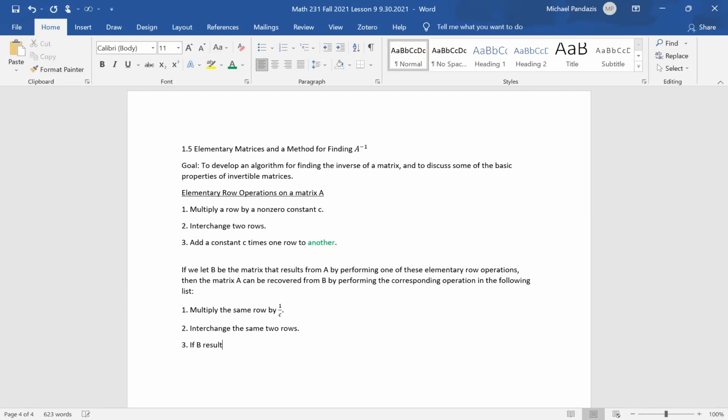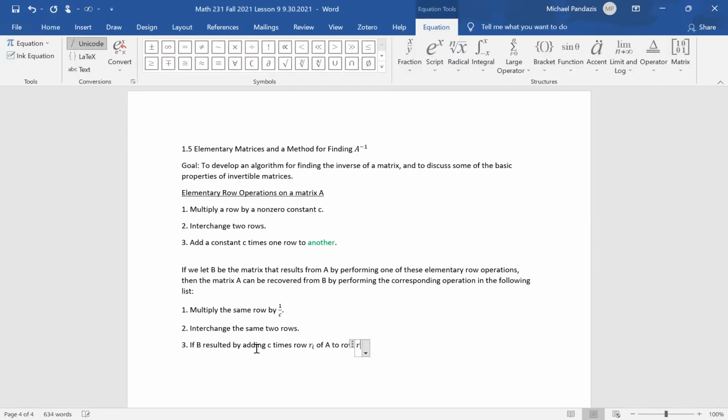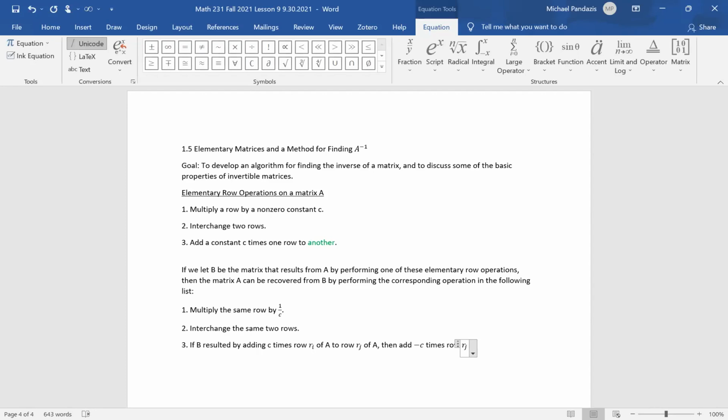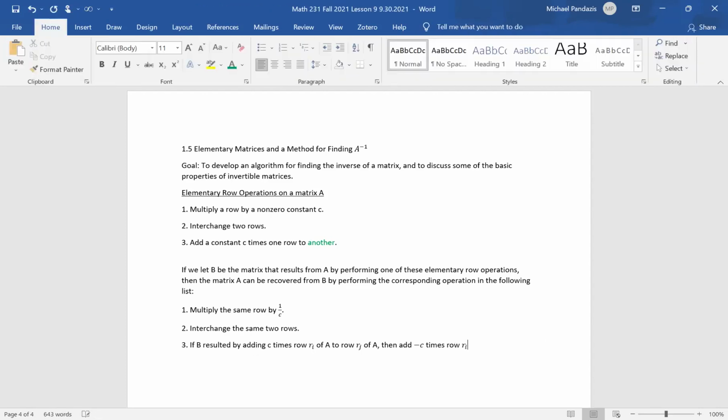It says if capital B resulted by adding c times row r sub i of A to row r sub j of A, then add negative c times row r sub i to row r sub j.